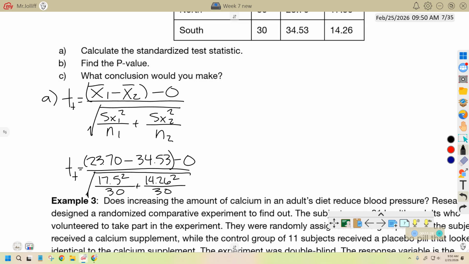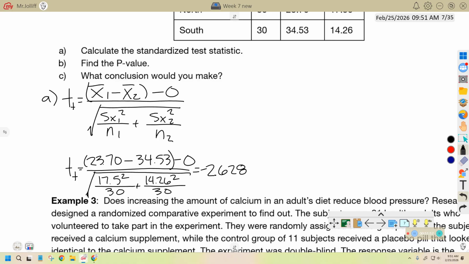We don't want it pooled. We go down to calculate, and I am getting negative 2.628 rounded. Negative makes sense because in the numerator I can see first number minus second, first number smaller.